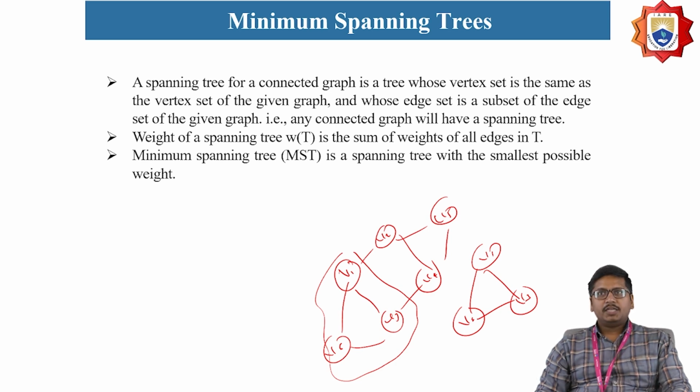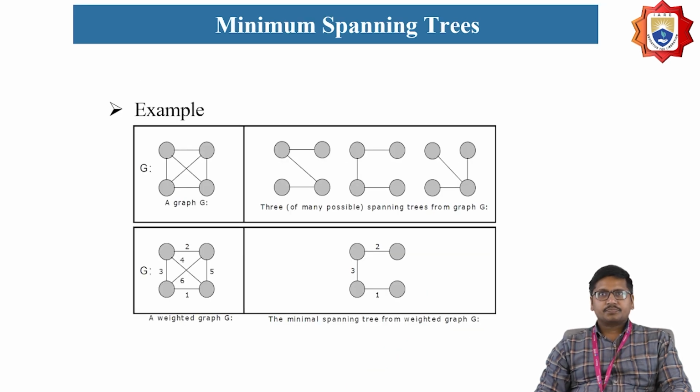The weight of the spanning tree is the sum of the weights of all the edges in the tree. And a minimum spanning tree is a spanning tree with the smallest possible weight.